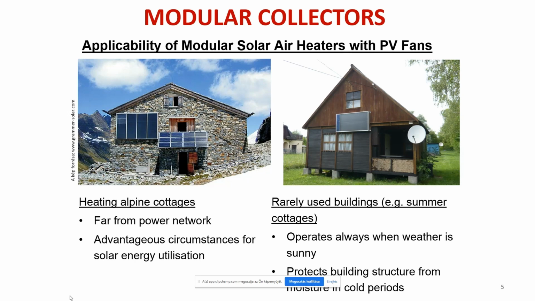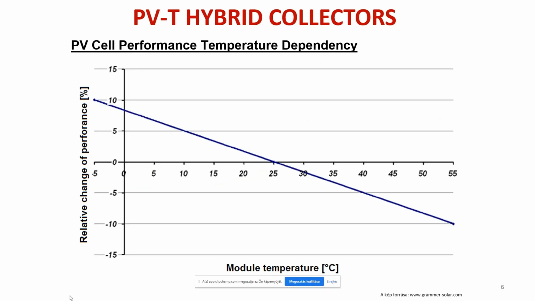The summer house can be protected in this way during the winter period against structural damage, because the interior and the structure of the building can be ventilated all year with warm solar-heated air, which helps prevent moisture in the structure in cold periods.